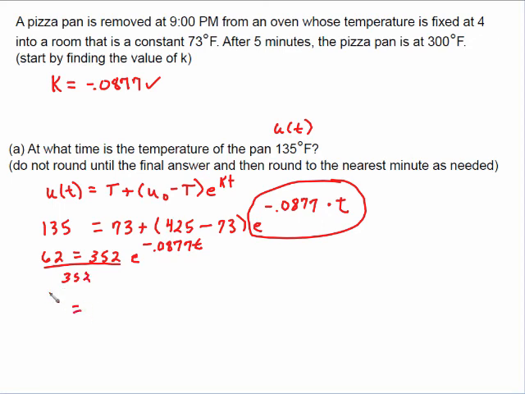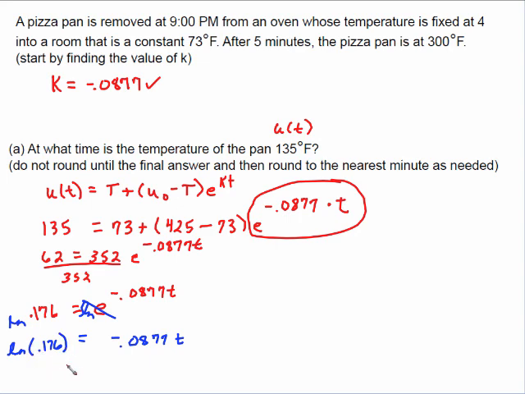62 divided by 352 is approximately 0.176. And this is still e to the negative 0.0877t. Take the natural log of both sides. Over here on the right side, it cancels out, and I have negative 0.0877t. I'm just going to leave this as ln of 0.176 there.